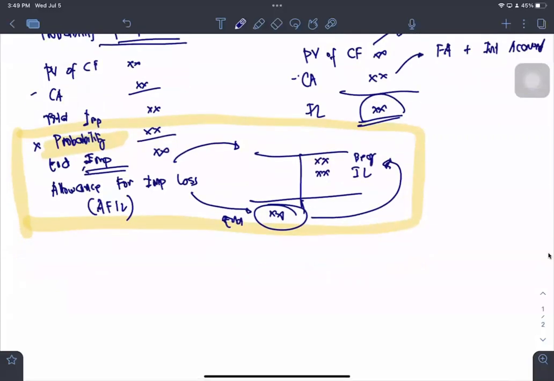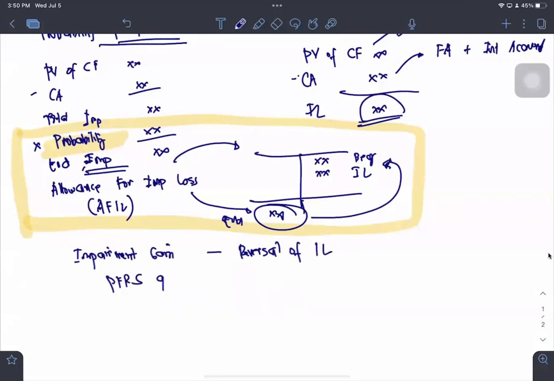And furthermore, we have your impairment gain. What is this impairment gain? Impairment gain is known as your reversal of impairment loss. So what is the difference of your impairment gain under PFRS 9 and the old standard under PAS 39?